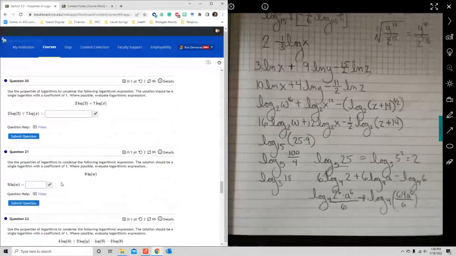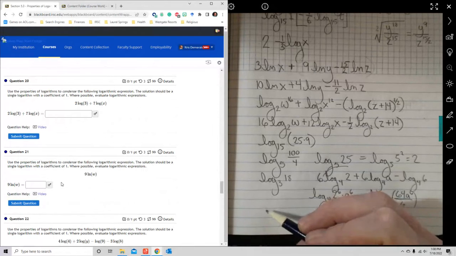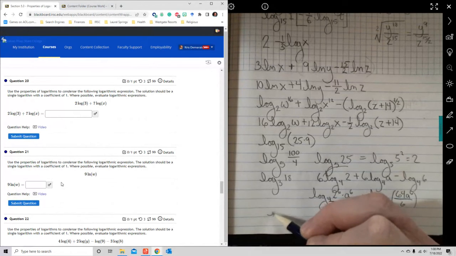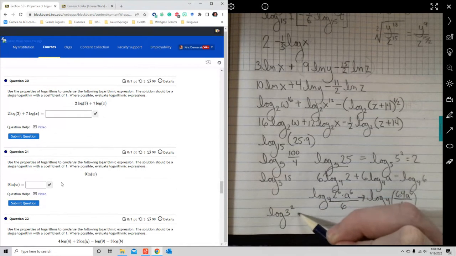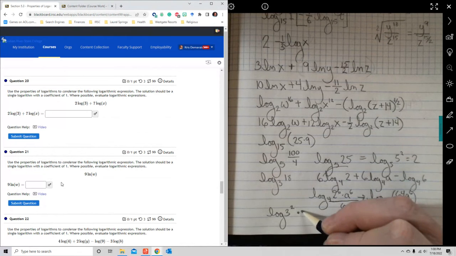All right, now here, again, we're going to raise the powers away, bring the powers back up. So we're going to do log of 3 to the second power, and then since we're adding, it's going to be multiplied against x to the 7th power.